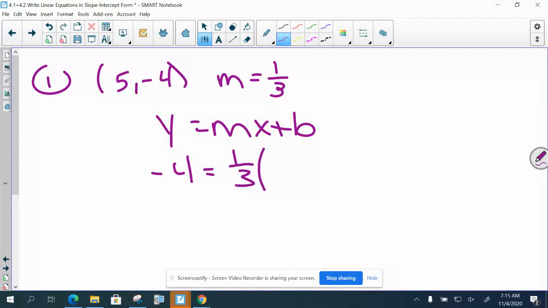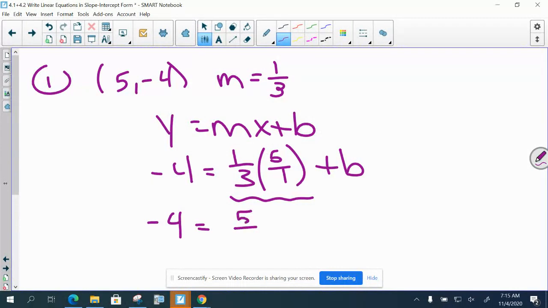I'm going to write it, though, as 5 over 1, because I know I'm going to multiply it by this fraction, so it's easier to multiply a fraction by a fraction than a fraction by a whole number. And then plus b is what we're trying to solve, so we don't know that yet. All right, so then simplify this part, which would end up just being 5/3.